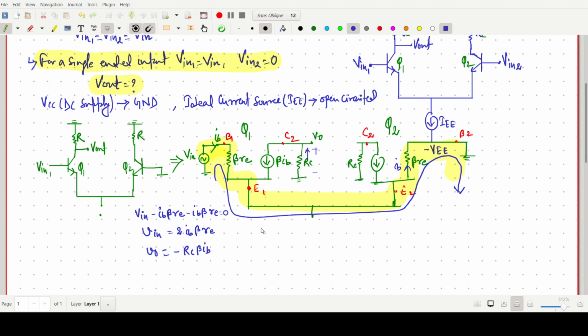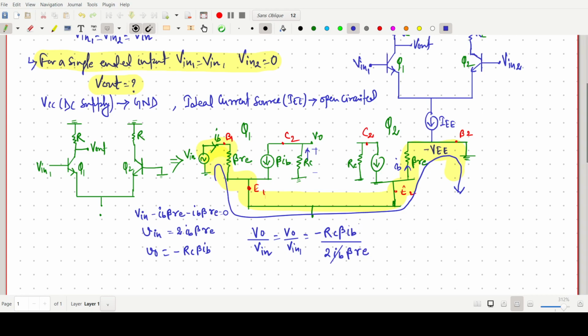So V naught by V in 1 equals minus RC beta IB divided by twice IB into beta RE.